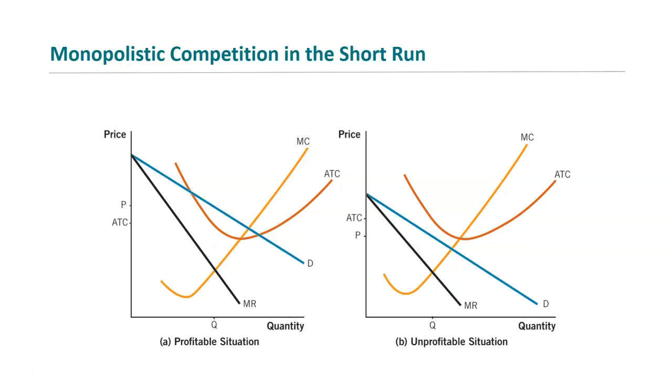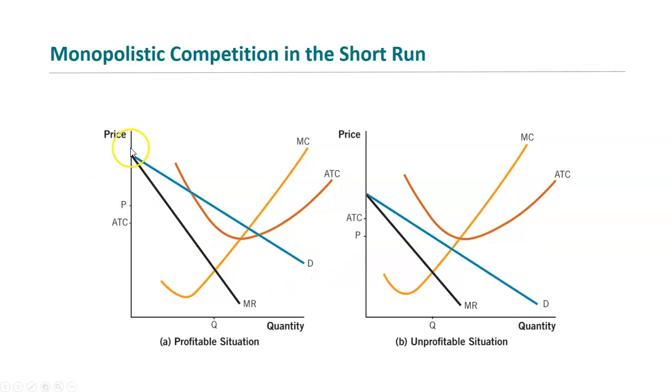But for exactly the same reasons that we saw under monopoly, since these firms in monopolistic competition have a downward sloping demand curve, they're going to have a downward sloping marginal revenue curve that's below the demand curve. In fact, it has a slope of 2 times the slope of the demand curve.